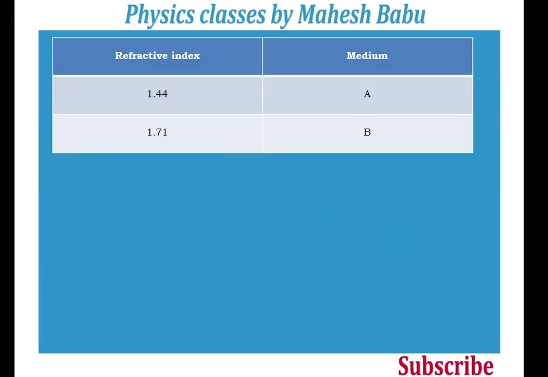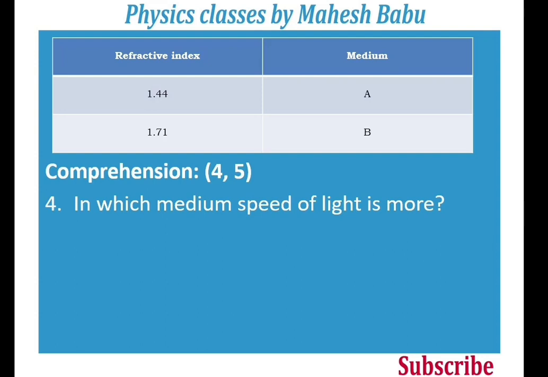Next, he gave one table. Refractive index of medium A is 1.44 and B is 1.71. Now the question is, in which medium is the speed of light more? In the first question we saw that if a medium has more speed of light, it will have less refractive index.